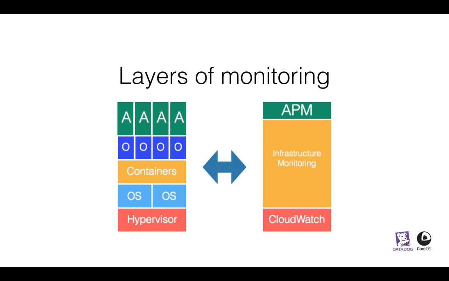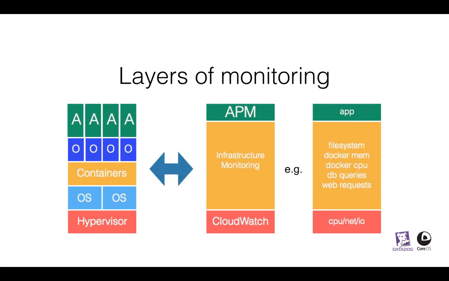But then you should also have something that covers everything in the middle. And well, what's in the middle? The infrastructure might be file system, the Docker memory, the Docker CPU, DB queries, web requests. And of course CloudWatch is looking at the CPU and net and I/O of the hypervisor of the base machine, and the APM is looking at app throughput and all that kind of stuff.